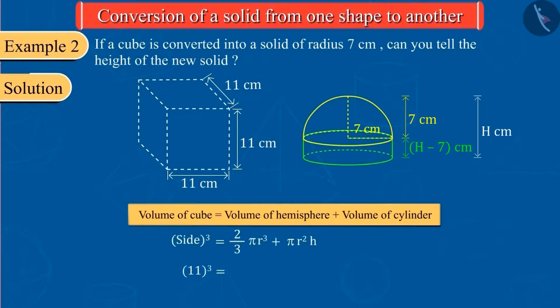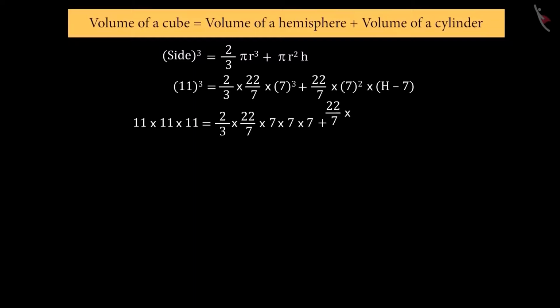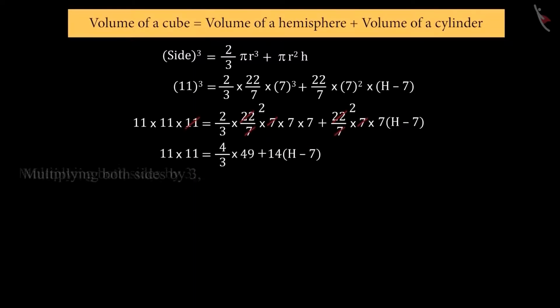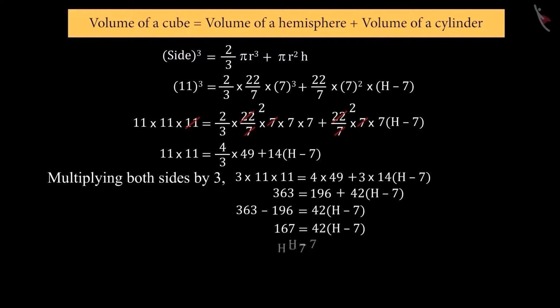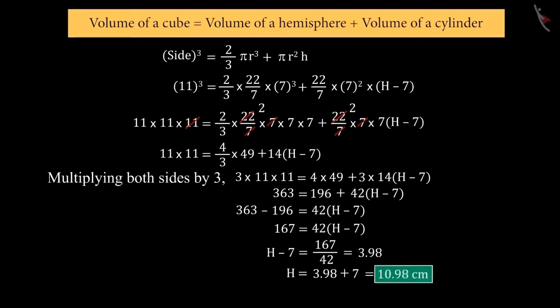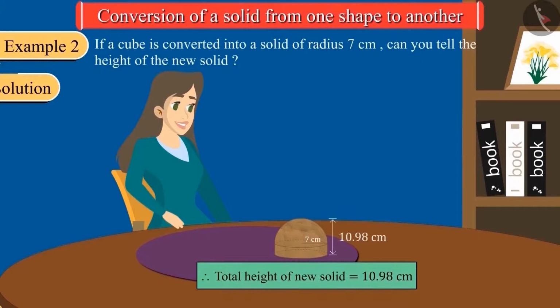On substituting all values and solving them, we get H equal to 10.98. So, the total height of the new solid will be 10.98 centimeters.